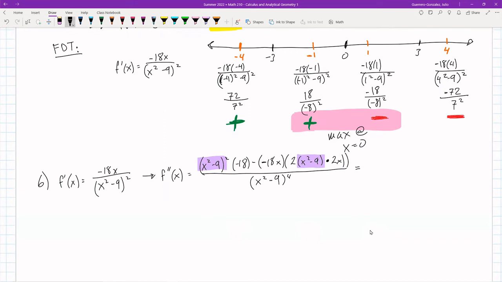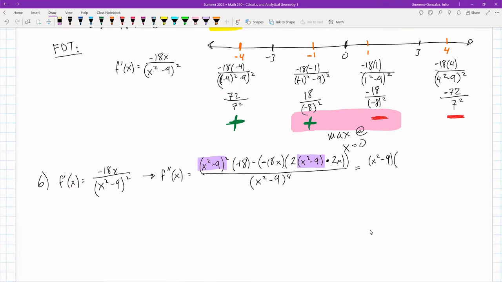I'm going to pull out an x squared minus 9. What gets left is a minus 18 plus 18x times 2.